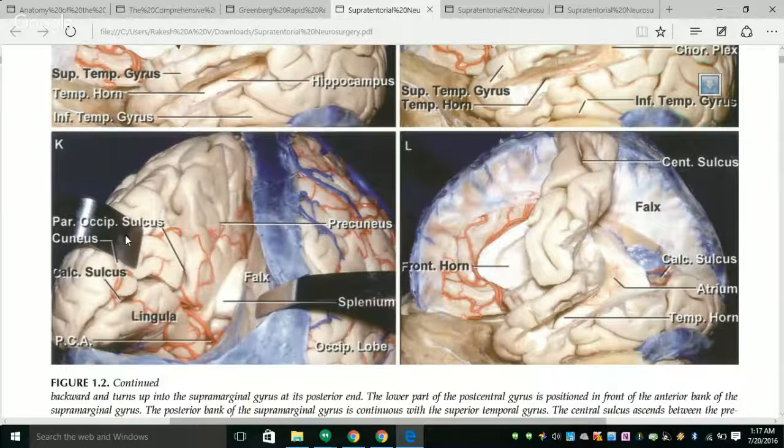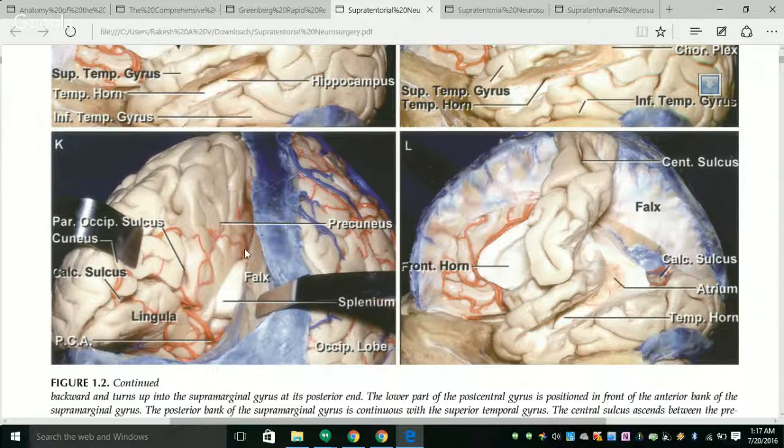So K, posterior view of the left hemisphere. The splenium is located deep in the interhemispheric fissure. Okay, so we have the splenium of the corpus callosum located deep here, deep in the interhemispheric fissure. So this is the fissure which is usually used for the transcallosal approaches in neurosurgery, thus giving it the name hanging hemisphere, because usually the patient is positioned with head rotated in that direction.